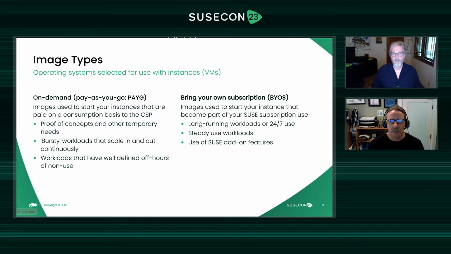If you use the bring your own subscription model and you have a connection directly to SUSE, then you get first level, second level, and third level support from SUSE, while in the on-demand model, SUSE will support the cloud provider in the background, at level 3, but you will work with the cloud provider to get any support cases resolved. So hopefully this gives you a good overview about some of the differences between on-demand, pay-as-you-go, and bring your own subscription, and these options are there so you can tailor your environment to your needs.